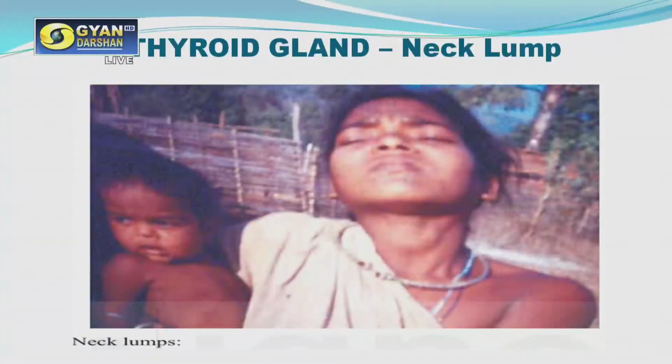This picture shows the neck region having a visible swelling, and you can make out that further you can do observation as well as palpation of the patient. So this is regarding the thyroid gland and swelling in the neck.